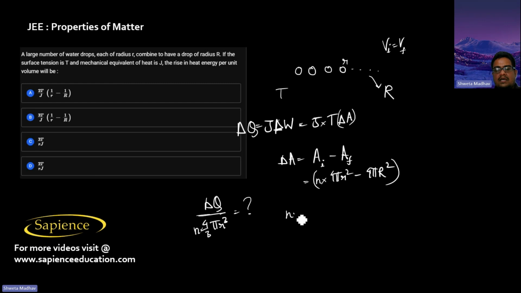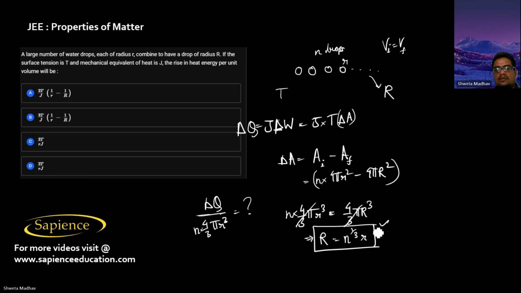So if there are N water drops, then N into 4 by 3 pi r cube is equal to 4 by 3 pi capital R cube. The 4/3 will get cancelled. So capital R will be equal to N power 1/3 into r.